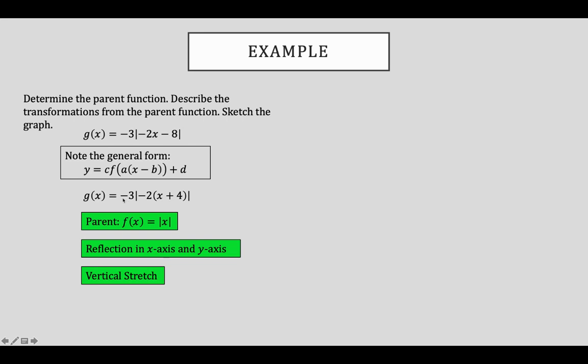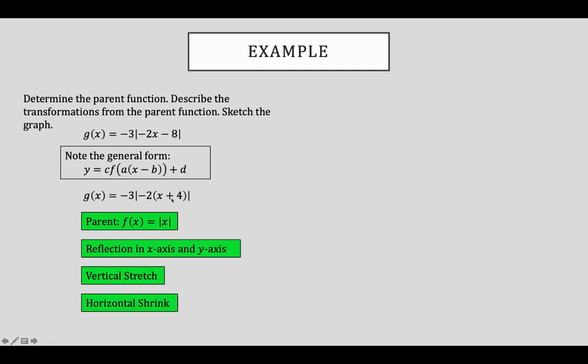Reflection in the x-axis, 3 gives us our vertical stretch. Now, as we said, the negative inside of the parent function gives us our reflection in the y-axis. This 2 is going to give us a horizontal shrink. It's a horizontal shrink by a factor of 2.